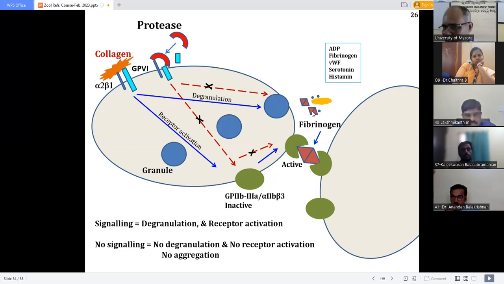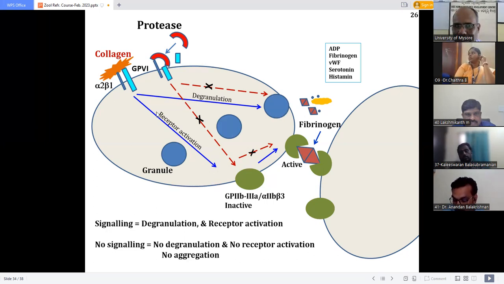Let's say fibrinogen. Fibrinogen is available for aggregation. It also activates the fibrinogen receptor. Fibrinogen receptor in the unstimulated state cannot bind fibrinogen, but when it's stimulated, it changes its conformation. Now it can bind, is it not?